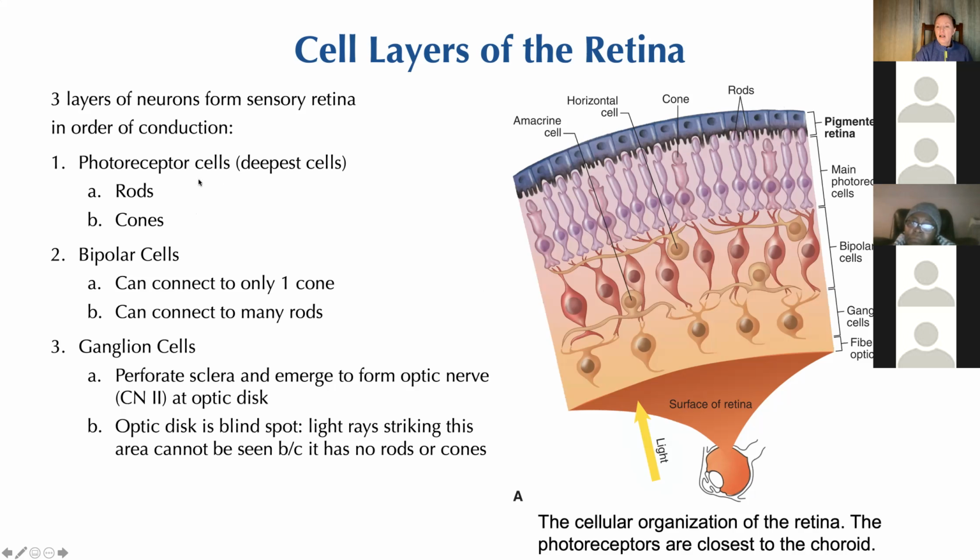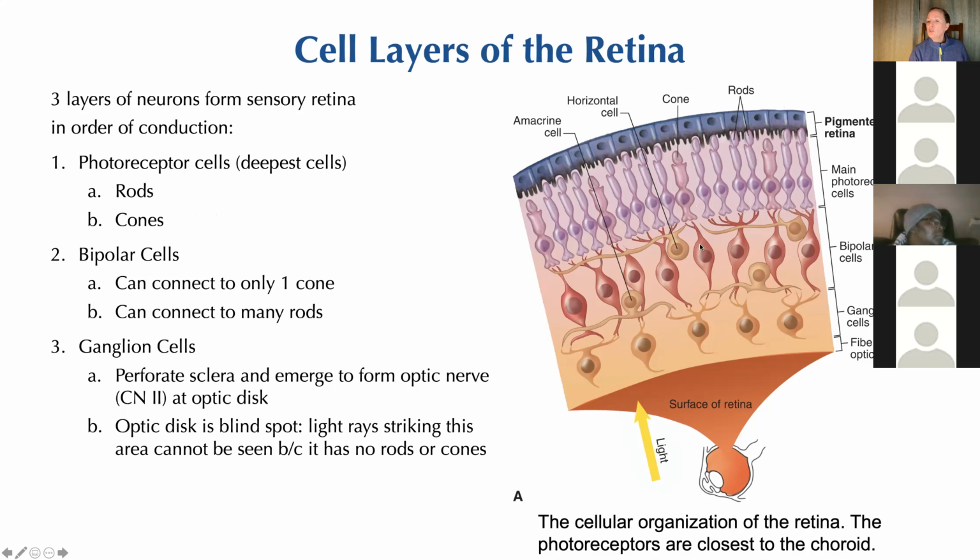So the deepest cells are the photoreceptor cells. That's like our general receptors, like our Pacinian corpuscles and stuff that we would have for sensing feeling out in the environment. This layer of bipolar cells connect and get information from the photoreceptors.